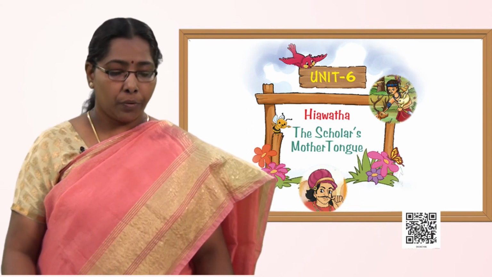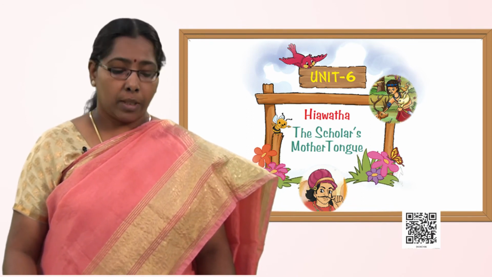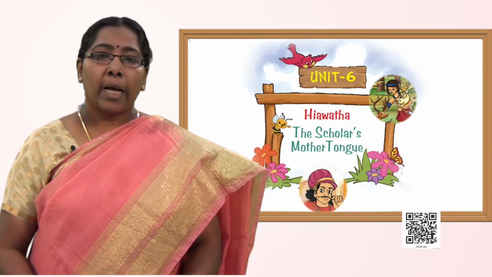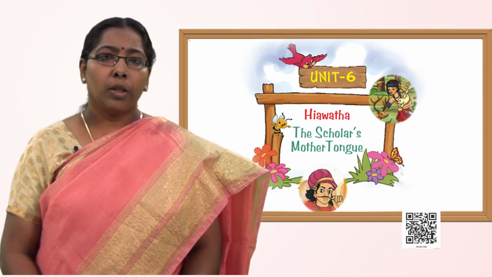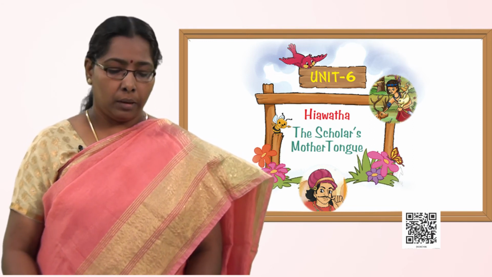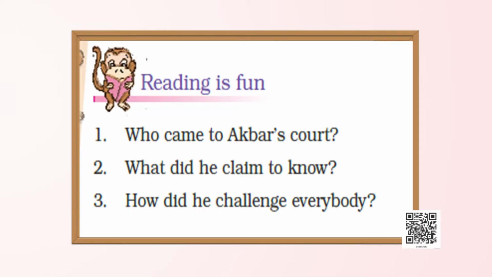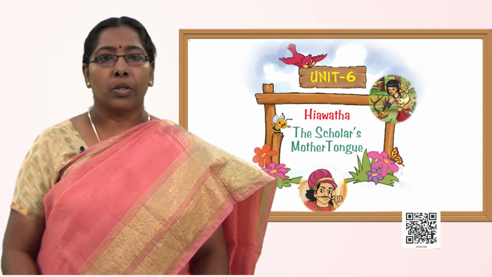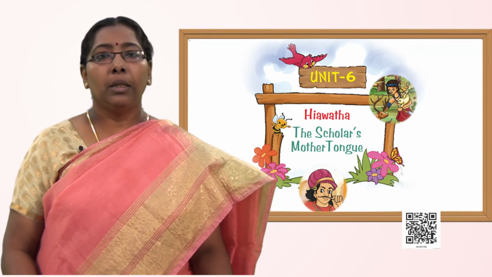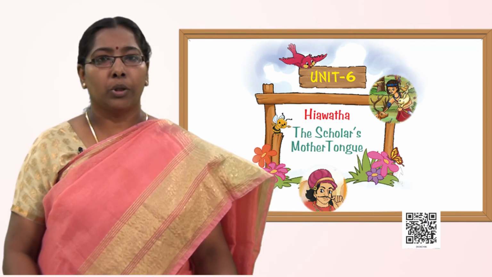It's a reading activity where you have some questions. You can answer depending on the understanding of the lesson. You can answer the questions very easily. First question, who came to Akbar's court? Whom do you think had come to Akbar's court? Yes, you are right. A learned Pandit came to Akbar's court.